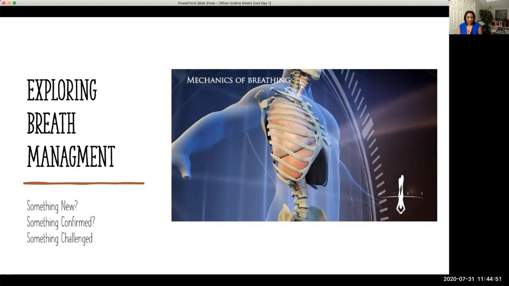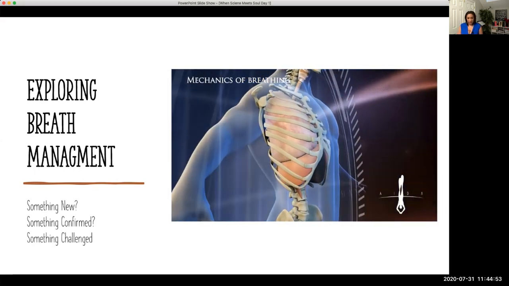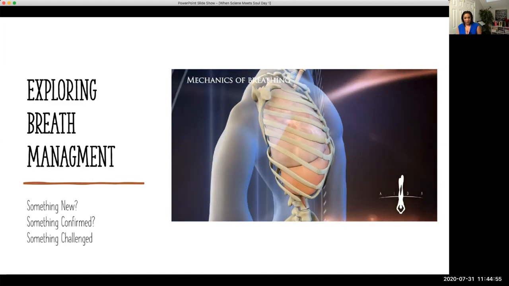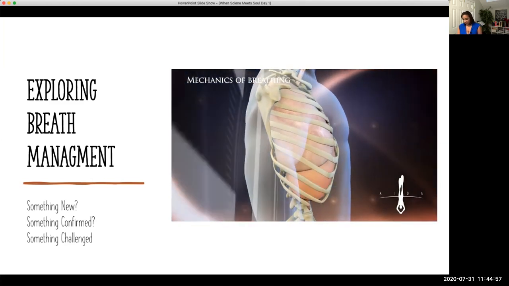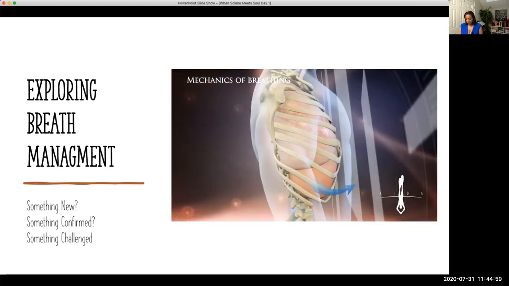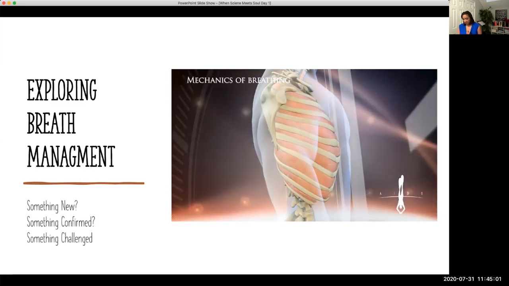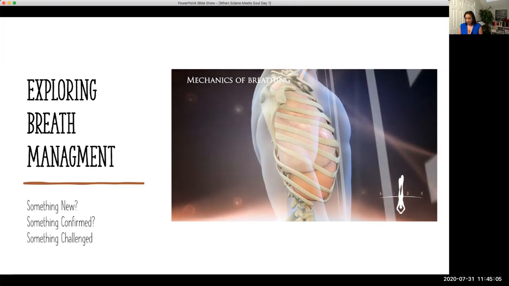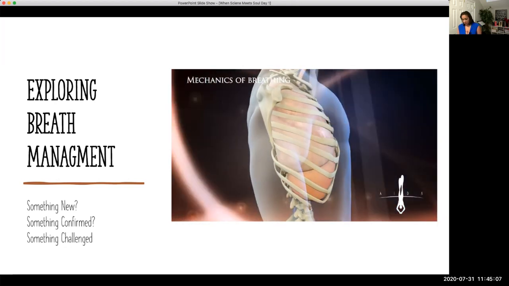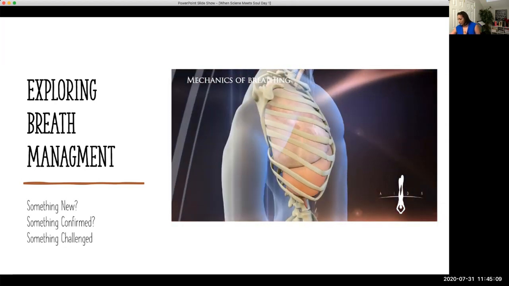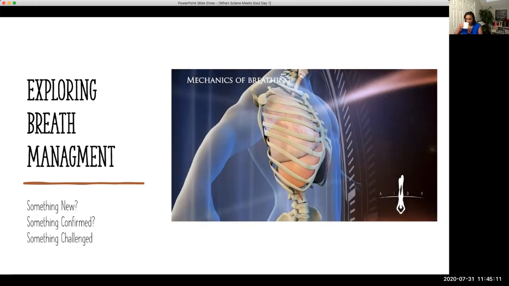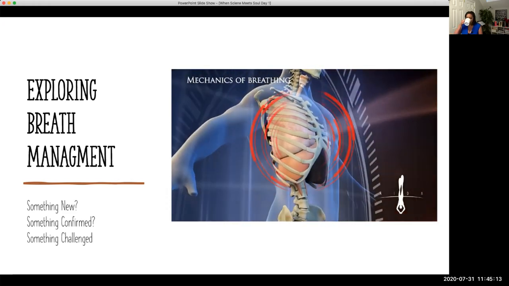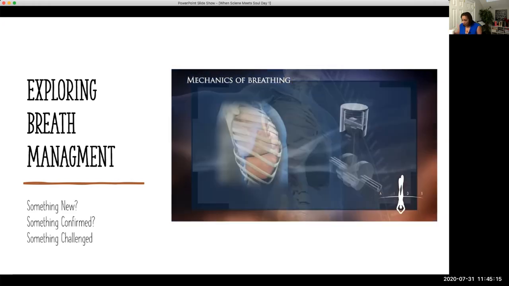To inhale air, the diaphragm contracts and moves down, while the external intercostal muscles contract, forcing the rib cage up and out. The combined effect of the diaphragm and intercostal muscles increases the volume of the chest cavity and expands the lungs. This expansion of the lungs increases their volume, reducing the pressure within them, causing air to be drawn in.